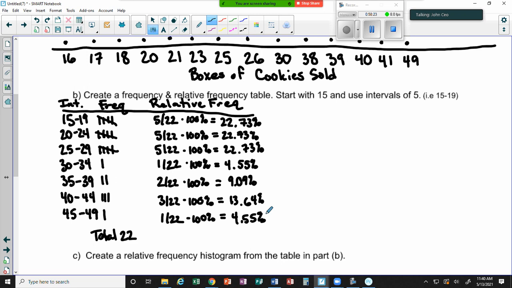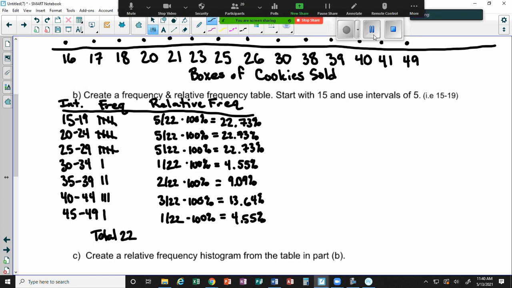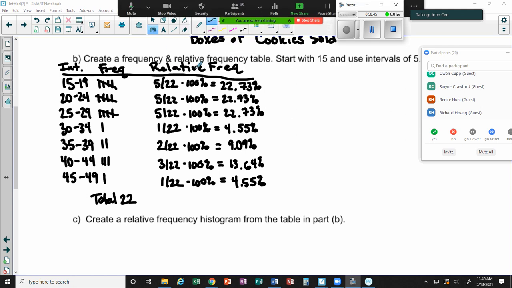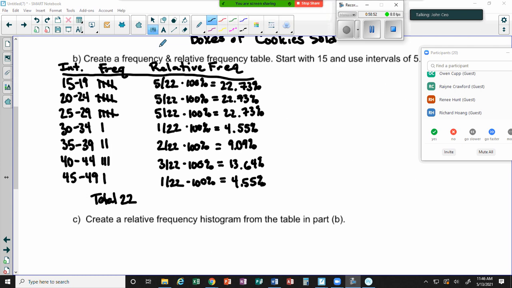All right, so before we make our histogram, when they give you these problems, first thing, once we get done with this, we need to look at what kind of a histogram I want. Well, this is a relative frequency histogram, so this is where I'm going to have the percentages. If they don't ask you to make a relative frequency table, they just say a frequency table, then you're just going to make a regular histogram where you put the number of occurrences on the vertical.